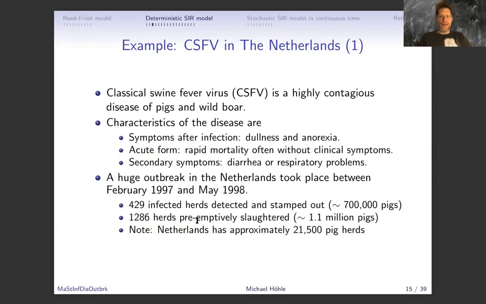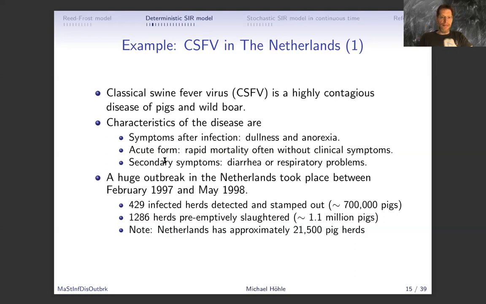Just as a motivating example, we will look at an outbreak of classical swine fever virus, which happened in the Netherlands. Classical swine fever virus is a very contagious disease which occurs in pigs and wild boars, and of course there's always also the interaction between these two populations which is of interest. Symptoms after infection are dullness, anorexia, and in the acute form rapid mortality, often without clinical symptoms.